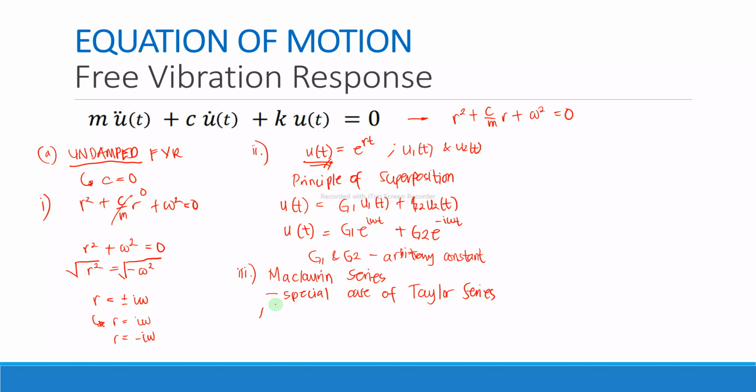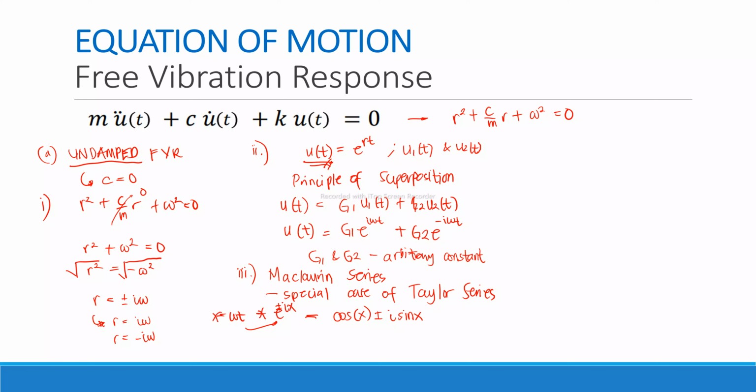We have our e to the ix. So let's say x is equal to omega t, we can expand this. This is one of the common expansions, e to the ix. And e to the positive or negative ix is equal to cosine x plus or minus i sine x.